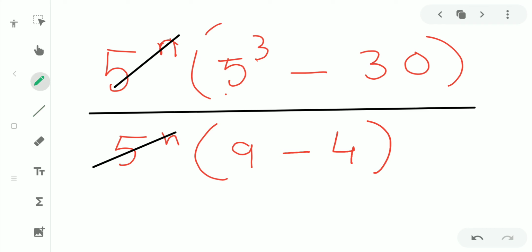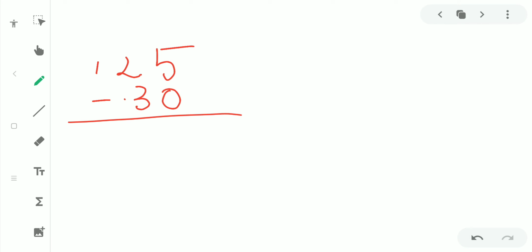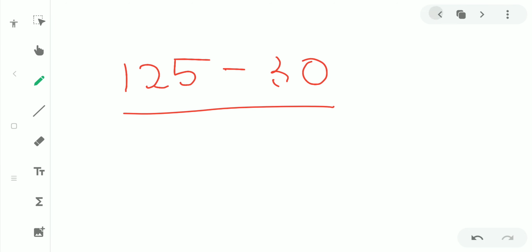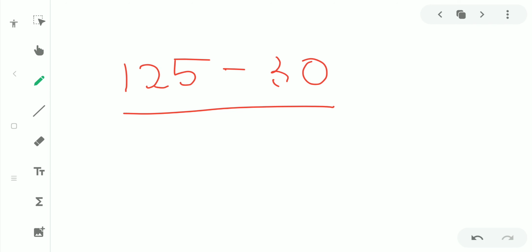On cancelling those two terms, you are having 5 cube minus 30. What is 5 cube actually? 5 cube is nothing but 125 minus 30 divided by, I'll write it horizontally, 125 minus 30 divided by, you are having 9 minus 4, which is nothing but 5.